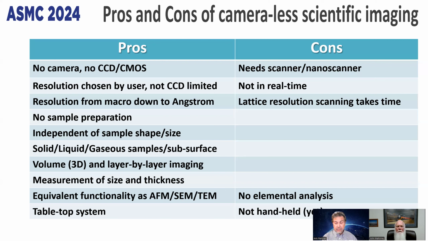We are focusing on molecular events as opposed to elemental. So there's no elemental capability as of yet, and also it's not a handheld device yet. It's a laboratory or clean room setup, but it's a setup instrument.